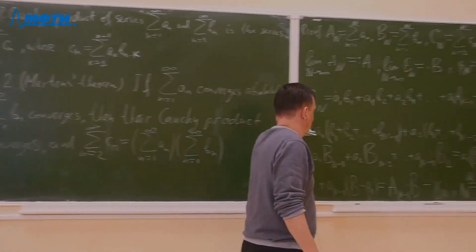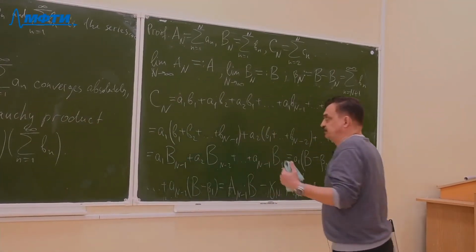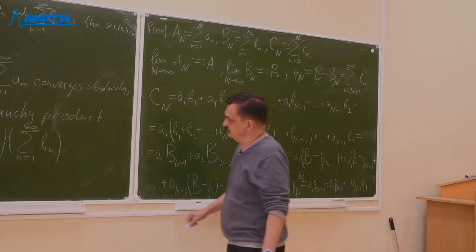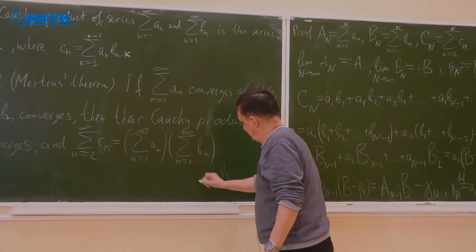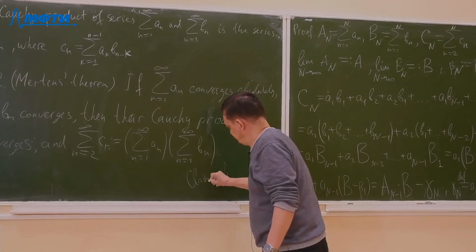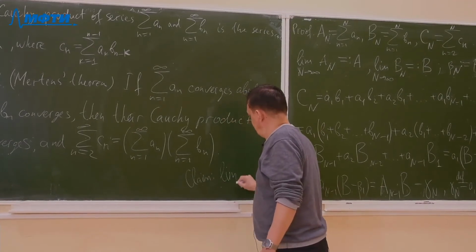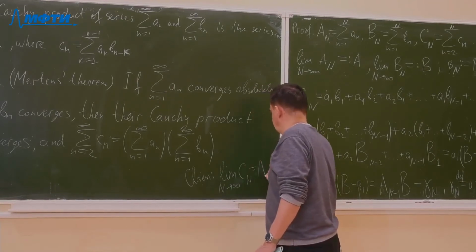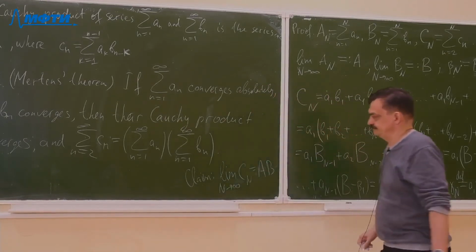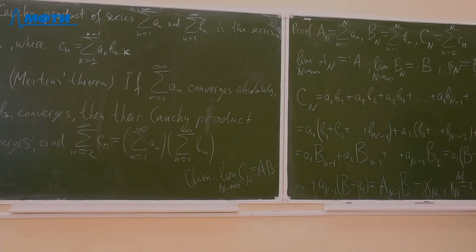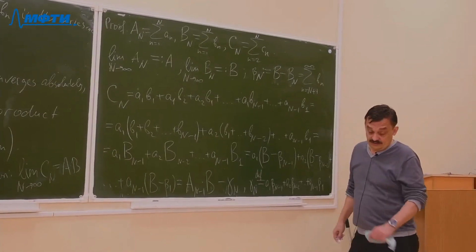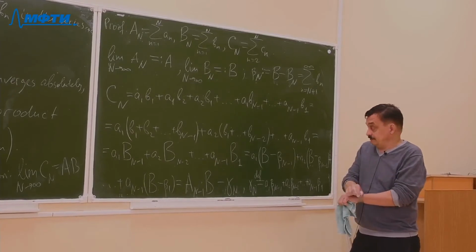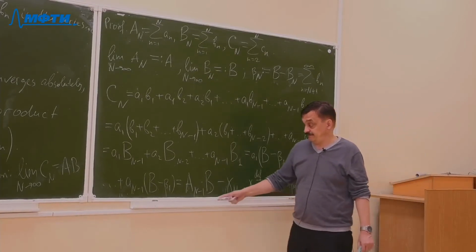So now, what I want to prove? I want to prove the claim. What is our claim? I want to prove that the limit of capital C_N equals AB, right? The product of sums of our series. Now, what we have?